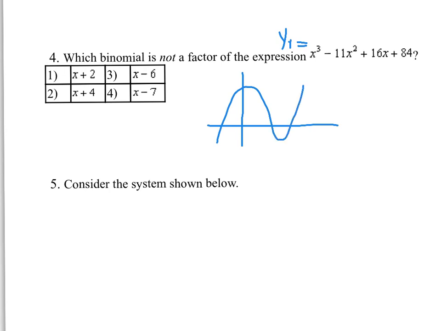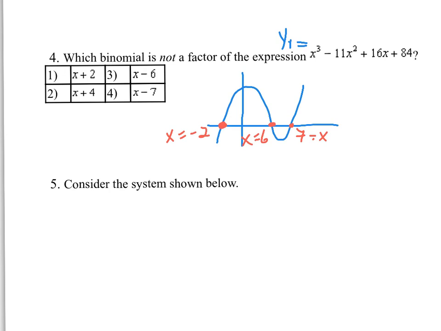Okay, and then, let's use a different color here. We'll see that it hits the x-axis at negative 2, so that's one of the zeros, right? Then it also hits the x-axis at 6, and it also hits the x-axis at 7. So let me just make that look a little mathematically more intelligent.